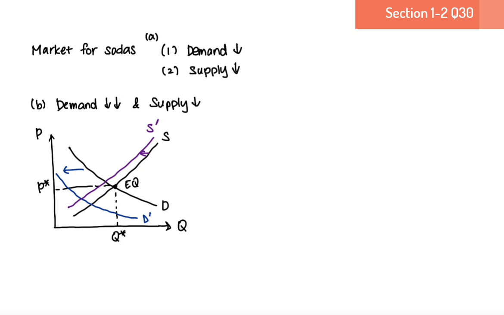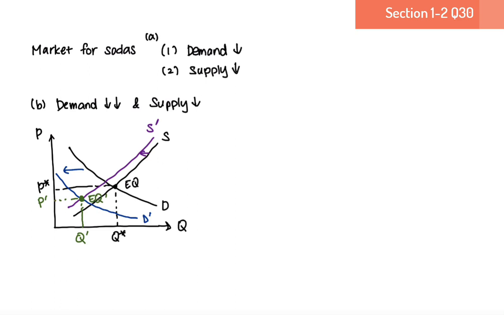But as our assumption tells us, we're going to see a greater shift in the demand curve compared to our supply curve. Where these new demand and supply curves meet is our new equilibrium, where the blue line meets the purple line. And we have a new equilibrium quantity at Q prime and new equilibrium price P prime. And that new equilibrium is marked as EQ prime.